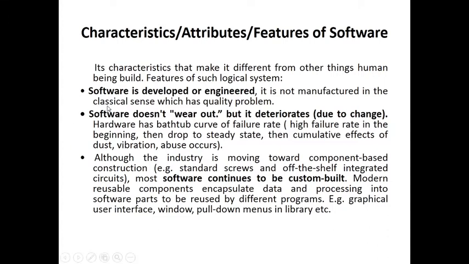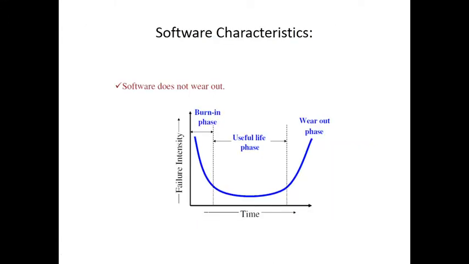The second one, software doesn't wear out, but it deteriorates, right? What does wear out mean and what does deterioration mean? Let's see with the help of this diagram. This is a hardware curve. We have represented the failure rate of hardware with respect to time here.